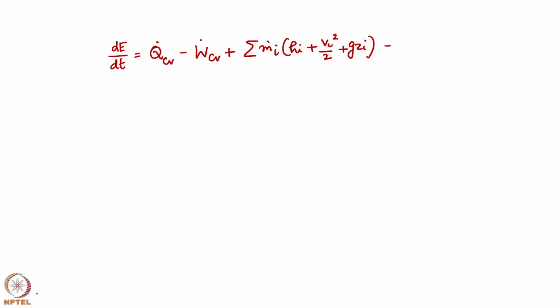For example, the first law of thermodynamics, we would write dE/dt = Q̇_cv − Ẇ_cv + Σ ṁ_in (h_i + V_i²/2 + g z_i). You may have a slightly different form for this, but broadly this is the nature of the equation that we would see in the first law of thermodynamics.